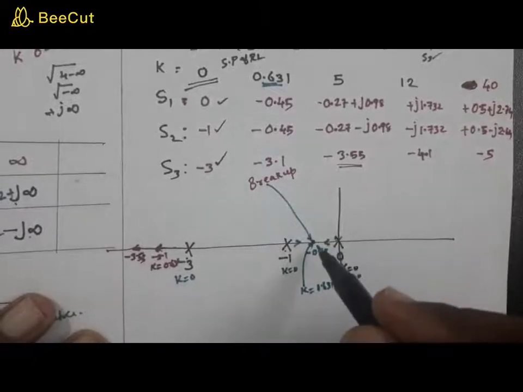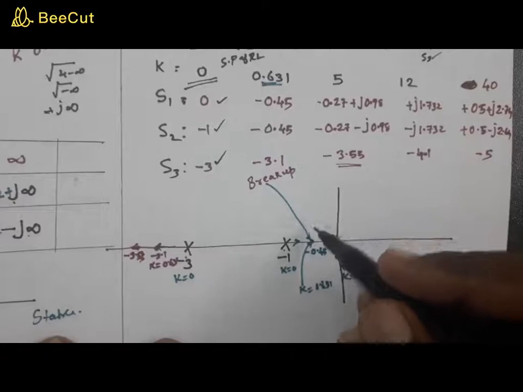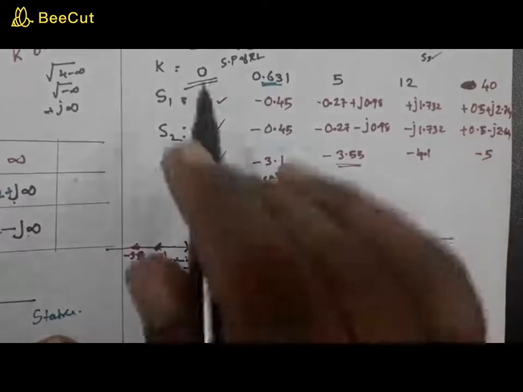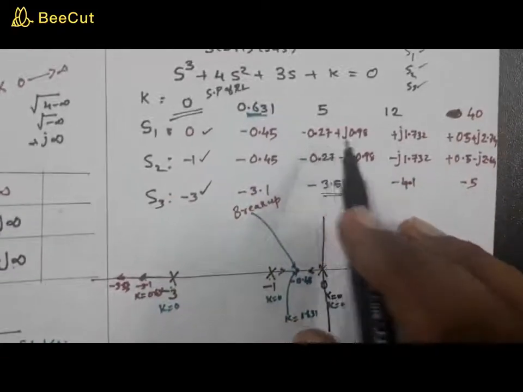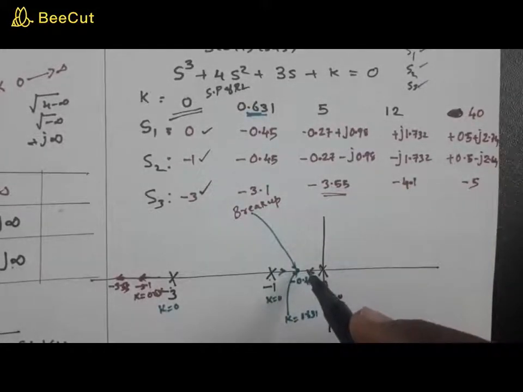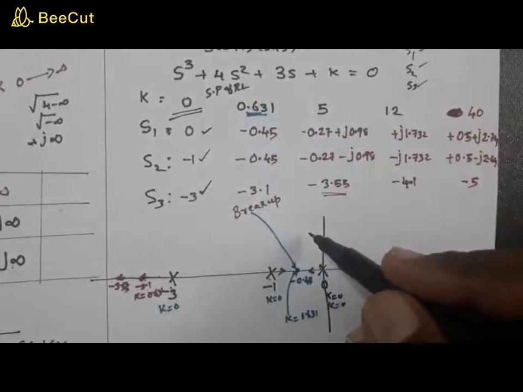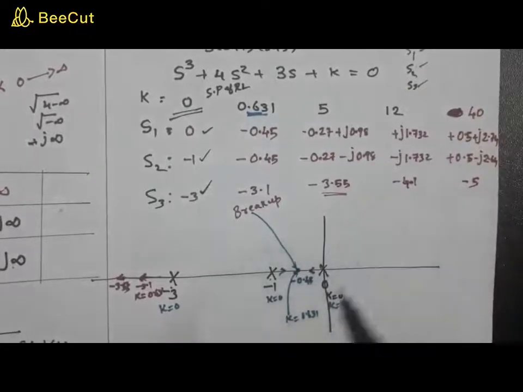What about the other two? They break up and move into the imaginary direction. S1 is at minus 0.27 at k is equal to 5.